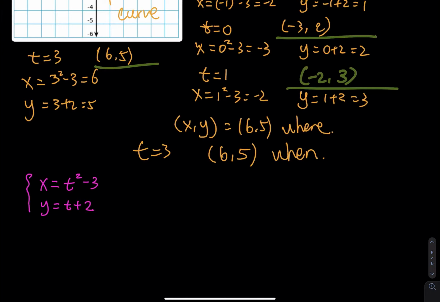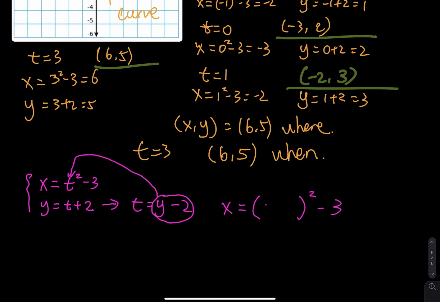So first, let's rewrite t. The t is the same thing as t equals y minus 2. So now t stands on one side. I will plug in y minus 2 for this t. So x equals t squared minus 3, that will be (y minus 2) squared minus 3.